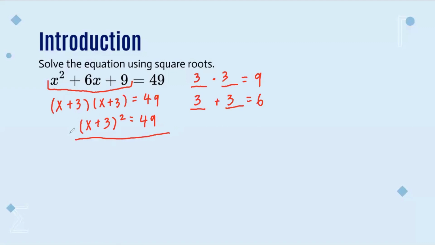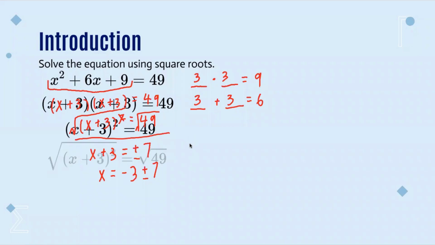The way we would do that is we're going to square root both sides because we're trying to isolate x and we want to get rid of this squared right here. So square rooting x plus 3 squared would just give you x plus 3, and then the square root of 49 is plus or minus 7. Then you want to subtract 3 from both sides to isolate x, and you would get negative 3 plus or minus 7.